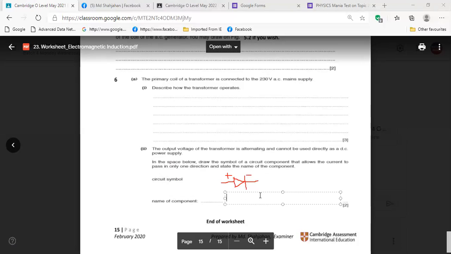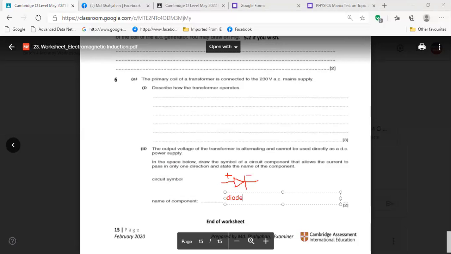But sir, I still don't understand how it does that. Just write: it is a component which allows the current in one direction, and more details we will discuss in the next topic, in introductory electronics.